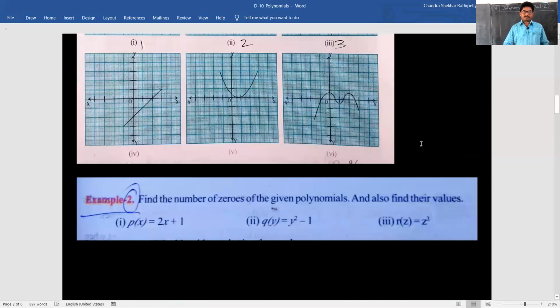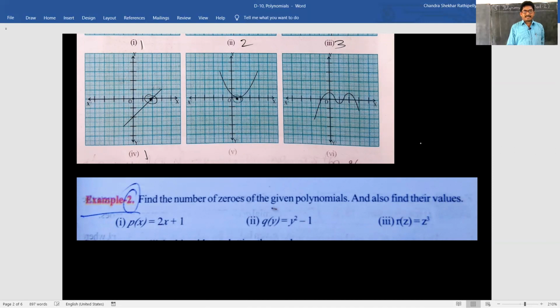Right. Next, in this fourth, 1, sir. It cuts the x-axis in one place only, children. Second, in this fifth, there is no zero, sir. No, it touches at one point.